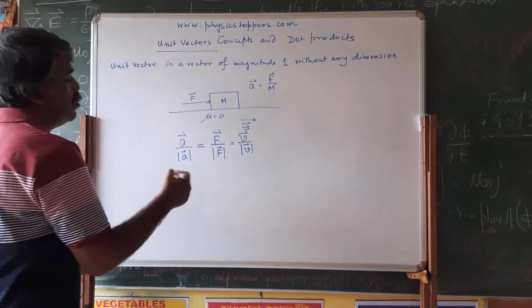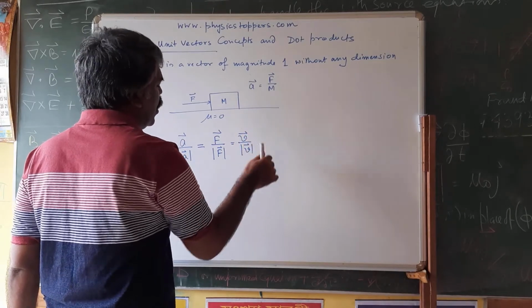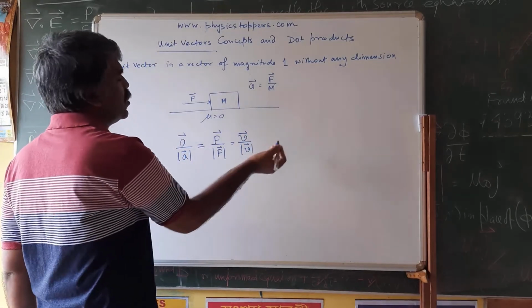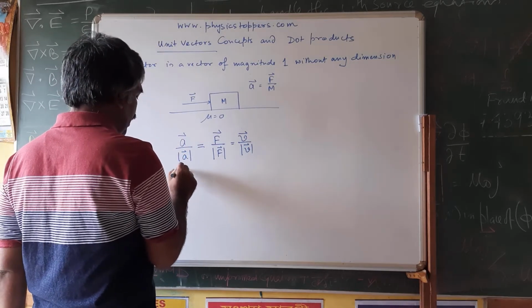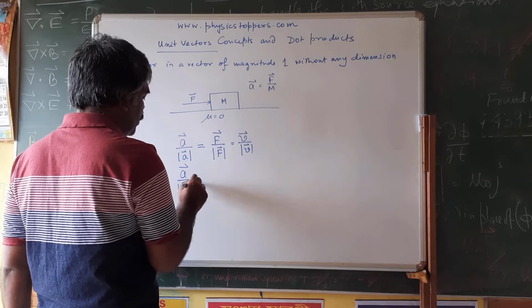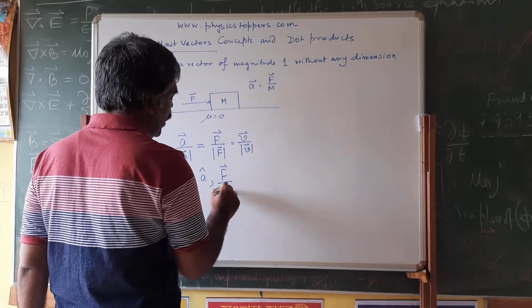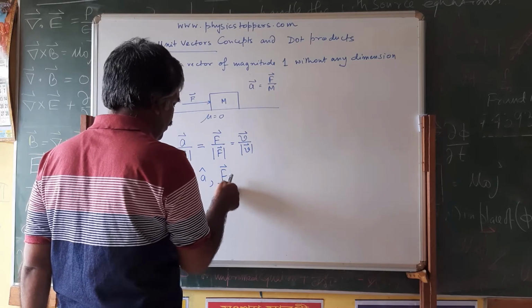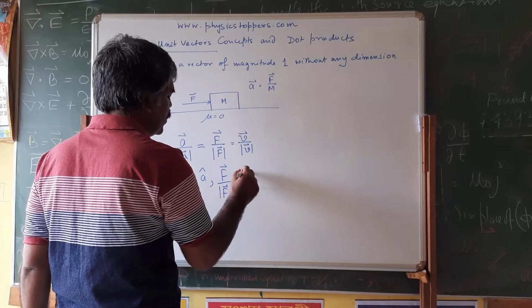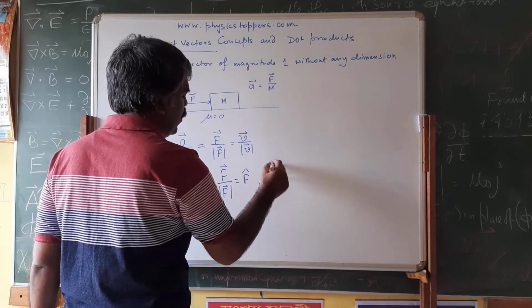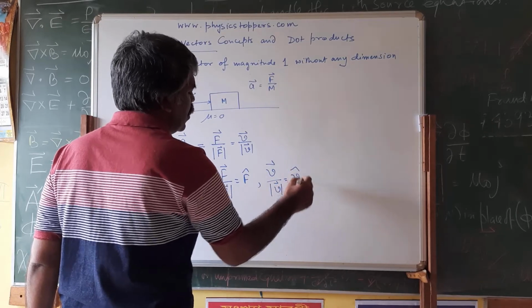So if you want the unit vector along any direction, suppose the direction of acceleration, this a vector by mod a is basically a hat. Same, F vector by mod F is F hat, and v vector by modulus of v is v hat.